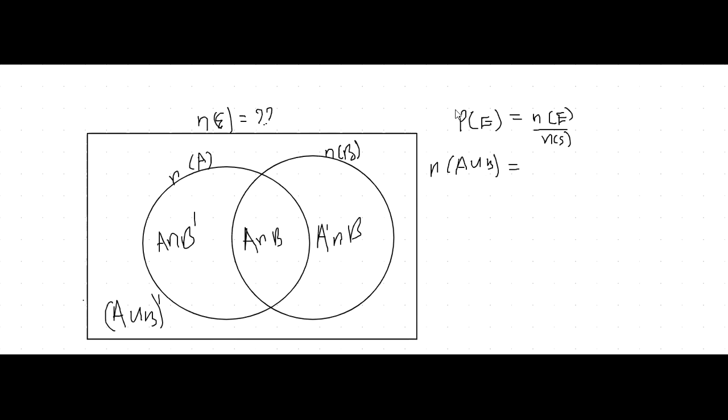A intersection B complement plus A intersection B plus A complement intersection B. So we add these three: number of A intersection B complement, plus number of A intersection B, plus number of A complement intersection B. Is that what you said?